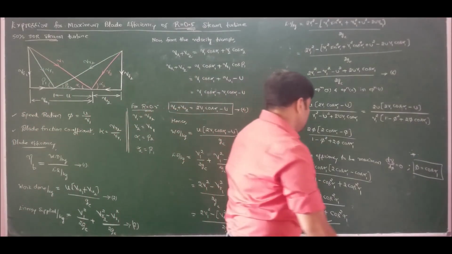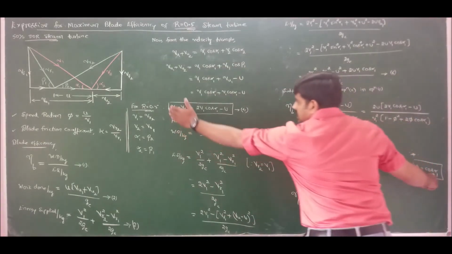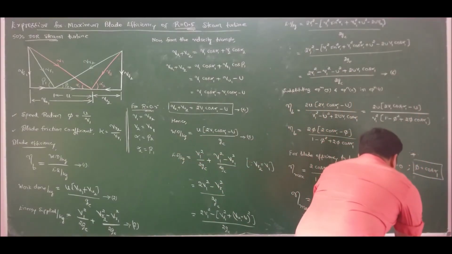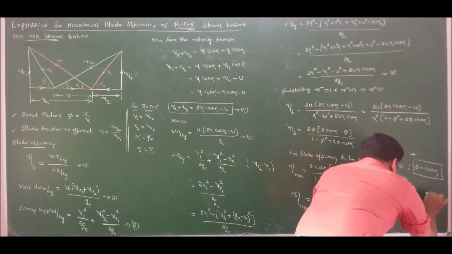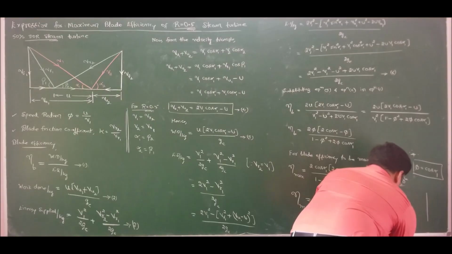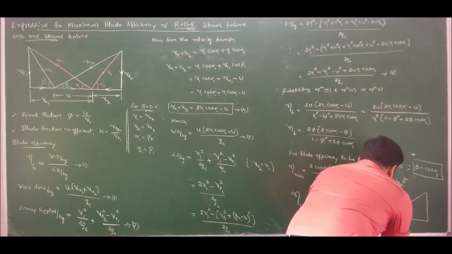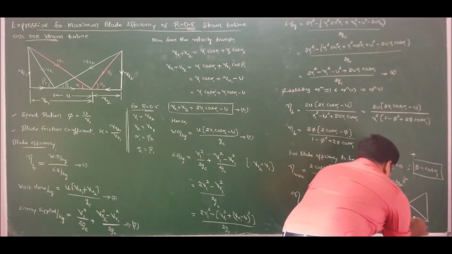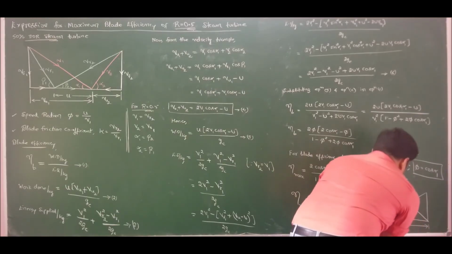The corresponding velocity triangle will become, I should have phi equal to cos alpha 1 and these conditions should be satisfied. So therefore the velocity triangle will be, we will be having U and here V1.